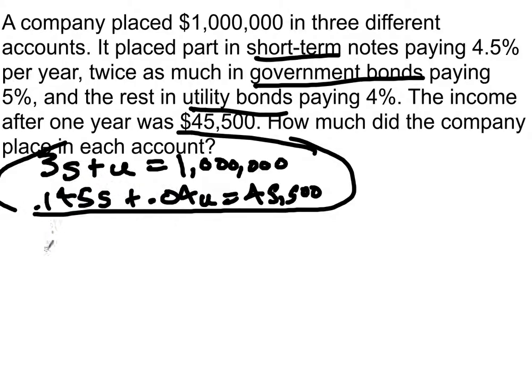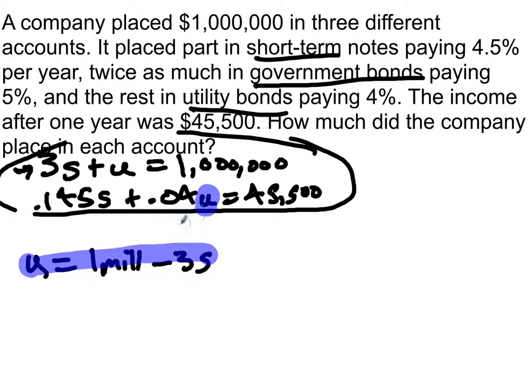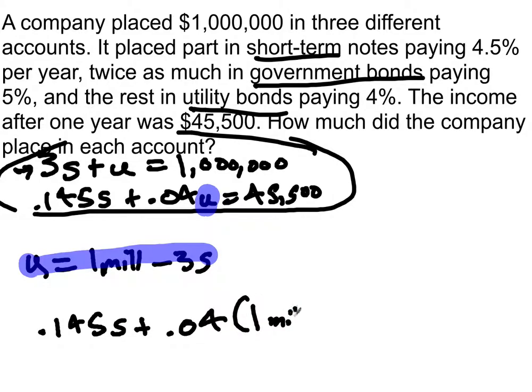I'm going to take this top equation and subtract 3s from both sides, and that gives me u is equal to 1 million minus 3s. I'm going to substitute that in for u here. So I've got 0.145s plus 0.04 times (1 million minus 3s) is equal to 45,500.